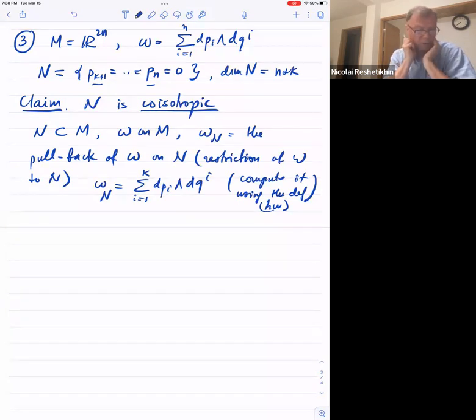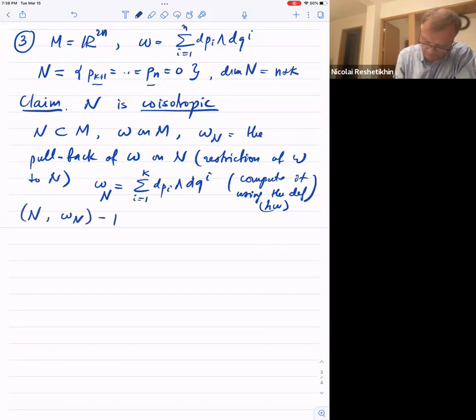We will return to this fact when we briefly discuss symplectic reduction. So this is coisotropic, and in fact this pair N, omega N is a presymplectic manifold.